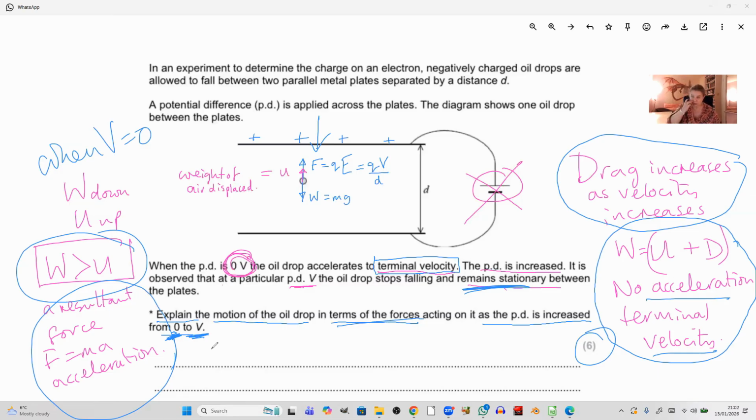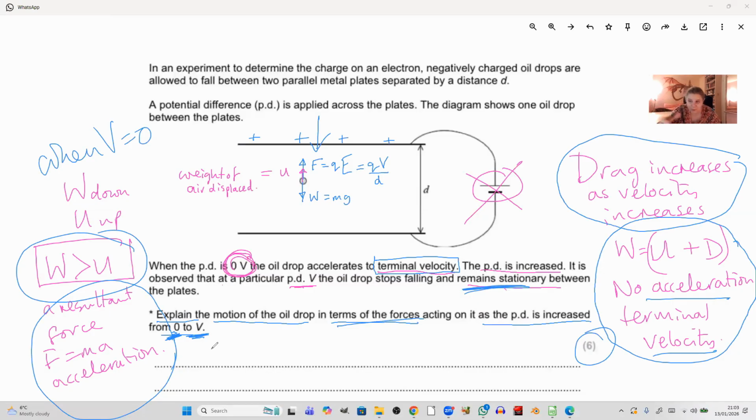You've also then got to explain why there's an upward force when you increase V until you get equilibrium again. Can you see you've got 2 separate situations? One where it's falling and you get terminal velocity, and one where you've got an upward force and you've got equilibrium despite the fact that it's not moving.